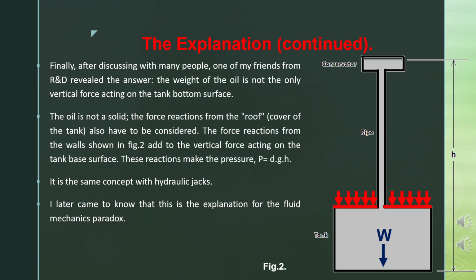The red arrows indicate the reactions from the walls. This reaction is in addition to the weight of the fluid. So the reaction from the roof of the tank, plus the weight of the fluid, when you consider these two, you will get a reaction at the base of the tank which will be exactly the same as what you will get when you consider the total height of the liquid column.